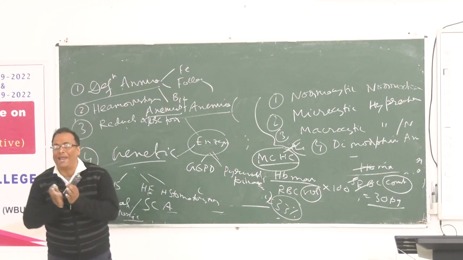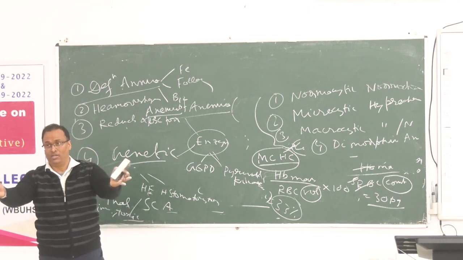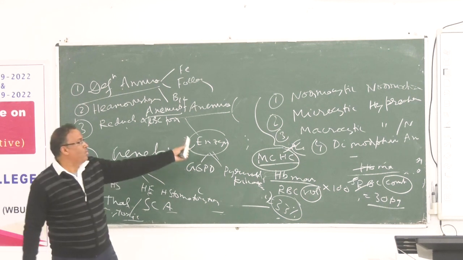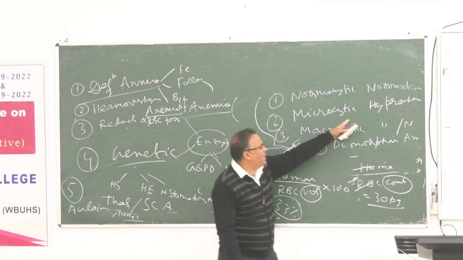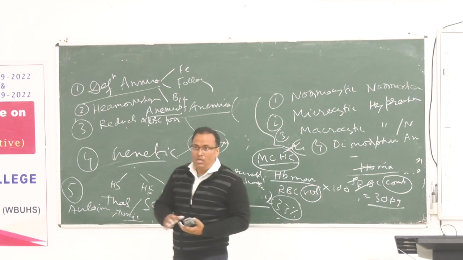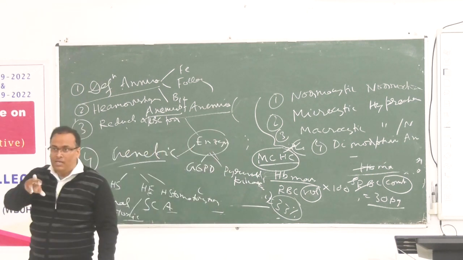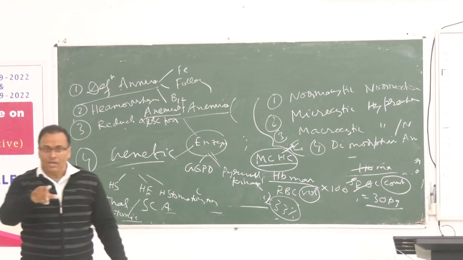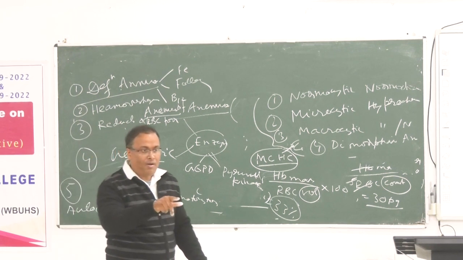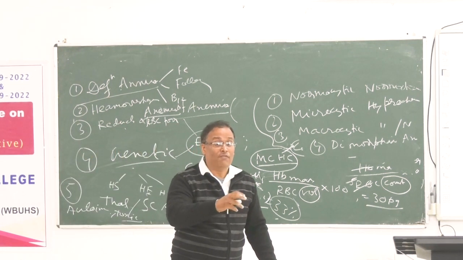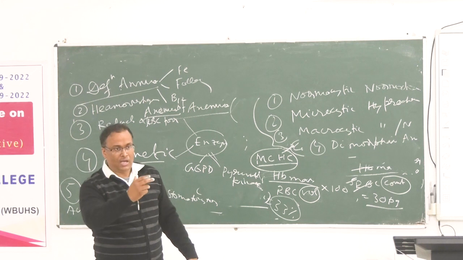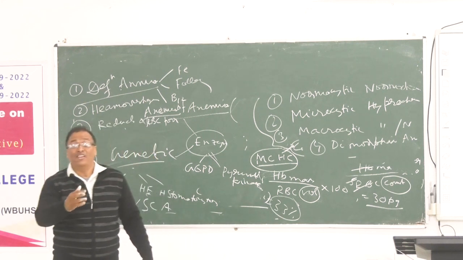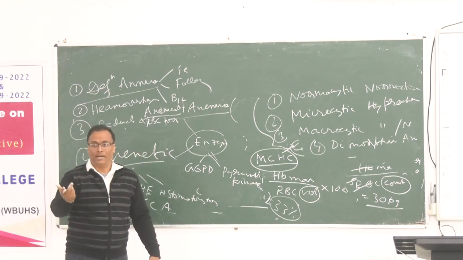Otherwise I will plan my investigation process. Suppose a patient comes with microcytic hypochromia. I know microcytic hypochromia means either iron deficiency, thalassemia, or anemia of chronic inflammation. That means chronic disorder is there.